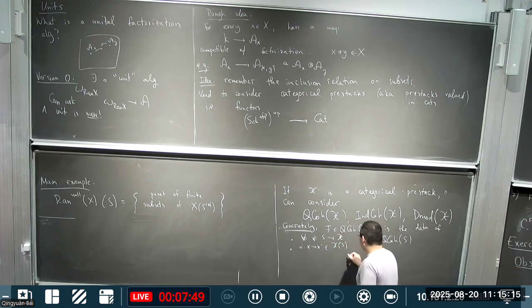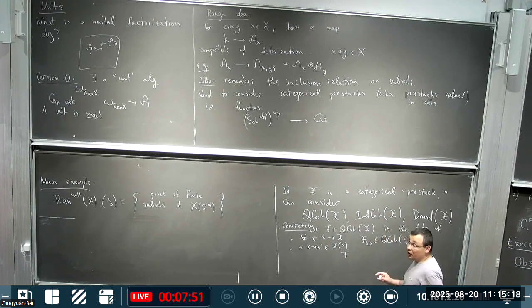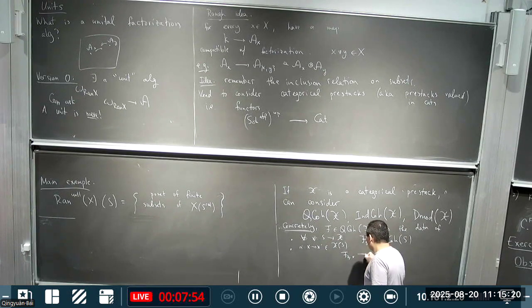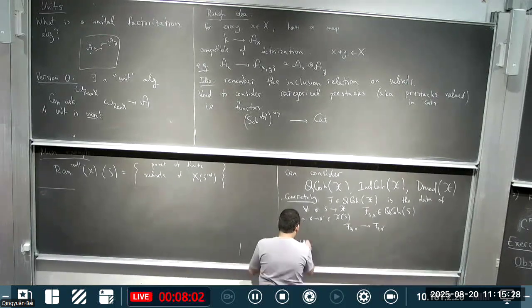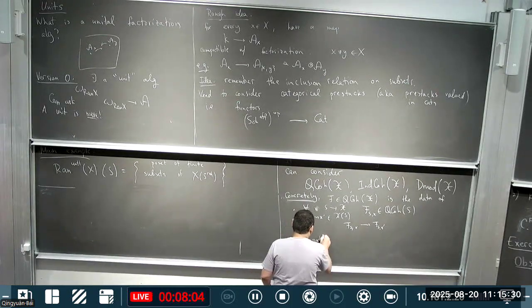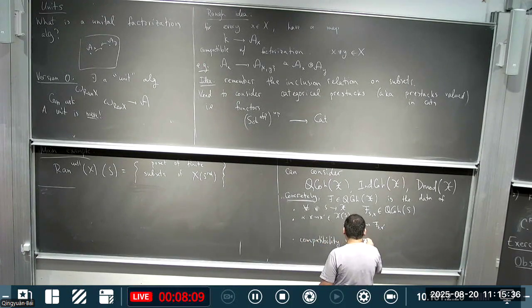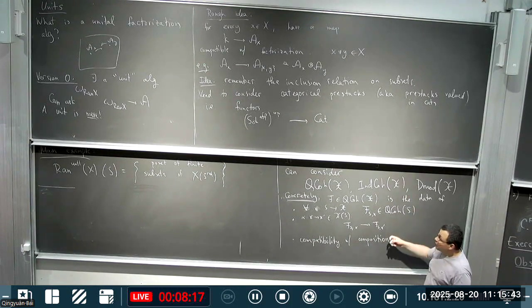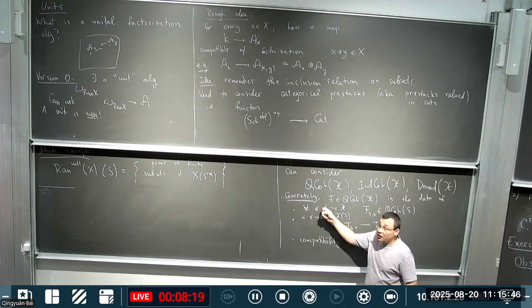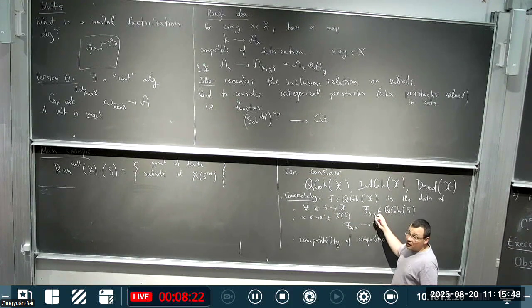And not surprisingly, I'm supposed to get a map of quasi-coherent sheaves. And then compatibility with composition. Let me not spell that out, other than to say, in the usual world of pre-stacks, if you have a map from S to S prime, then if you take a composite point, that's pulled back.